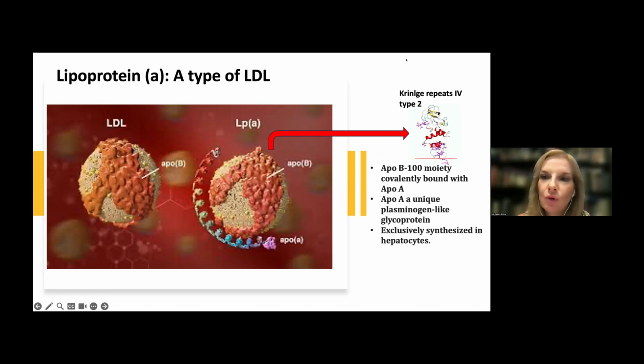So any isoform variation in these kringle repeats might have an impact on the prognostic and pathophysiologic role of lipoprotein A.